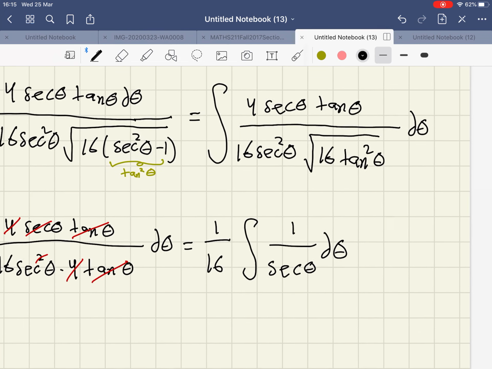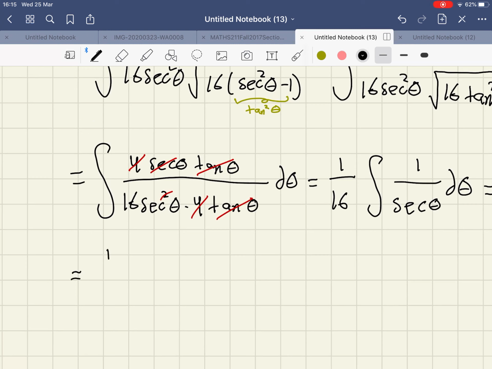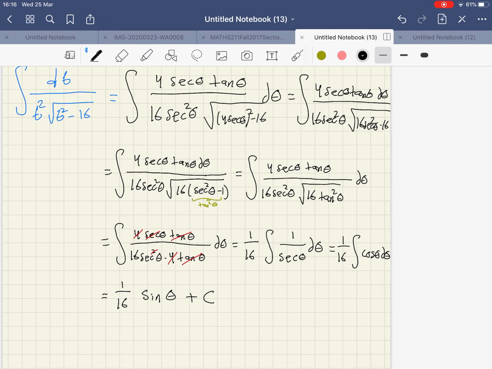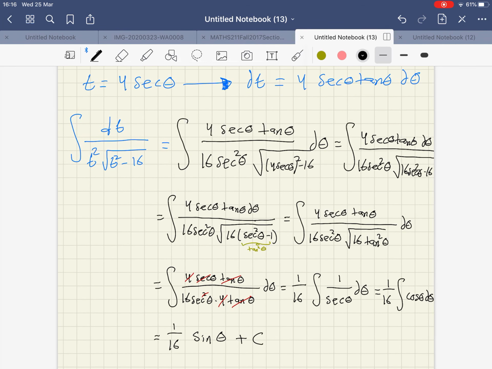integral of 1 over secant theta d theta. Now what is the integral of 1 over secant? It reminds me, what is 1 over secant? It's simply cosine theta. And the integral of cosine theta is just sine theta plus c. That's the big picture that we have here. So all we need to do next is to replace this sine and write it in terms of t.